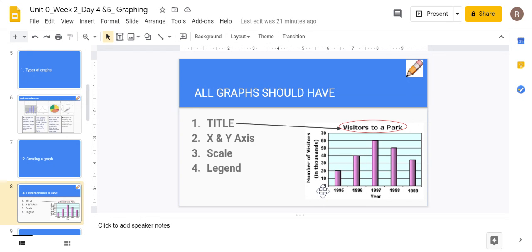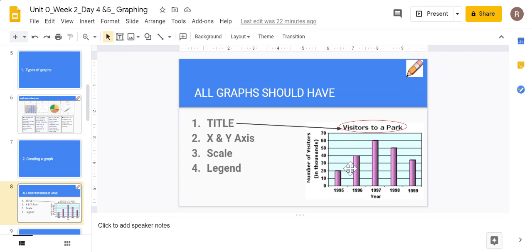If I wanted to, I could have gone 0 to 70 here, but then I would be using only one space and all of them would be super low here at the bottom, and we wouldn't be able to see the actual differences within the years.